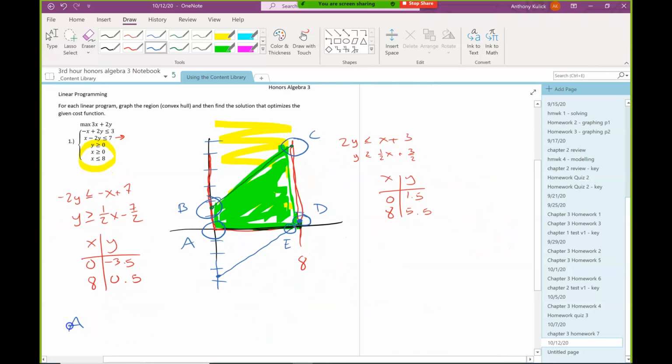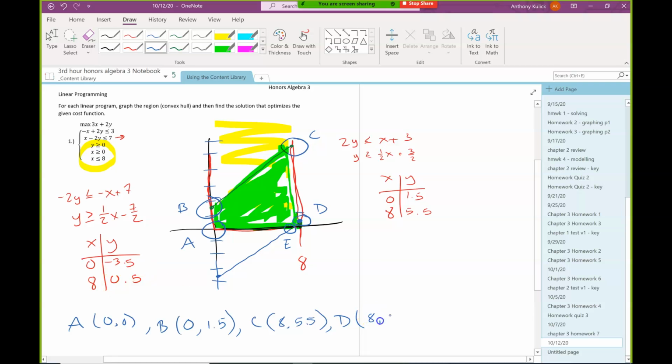So let's see. A is 0, 0. B is 0 and 1.5. C is 8 and 5.5. D is, what was that? Right here.